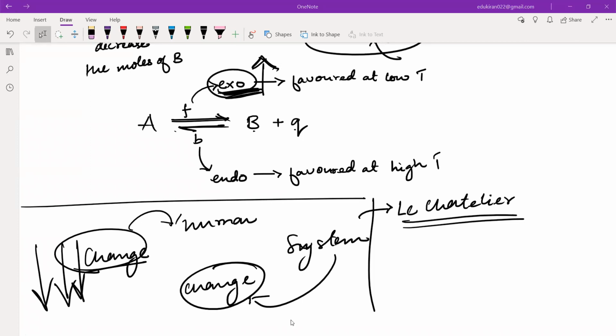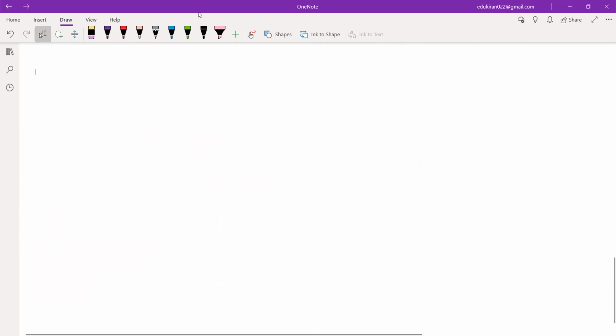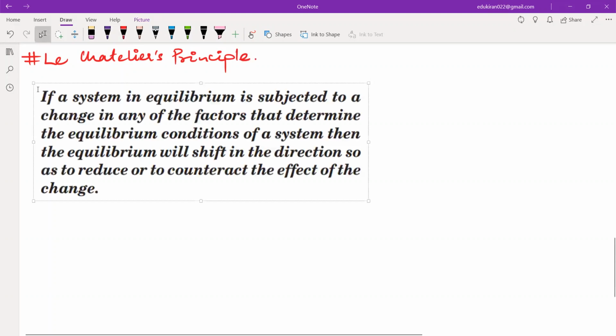I'm not going to write this down because I can just copy and paste it. Let me just write here. Le Chatelier's principle. So it is just what we have understood right now.